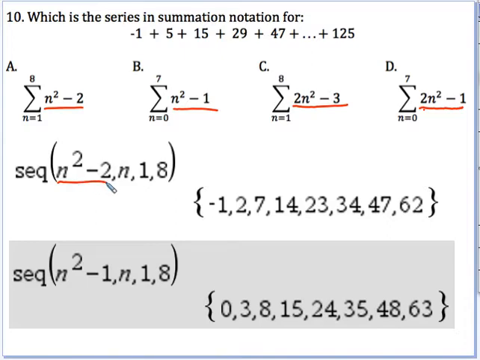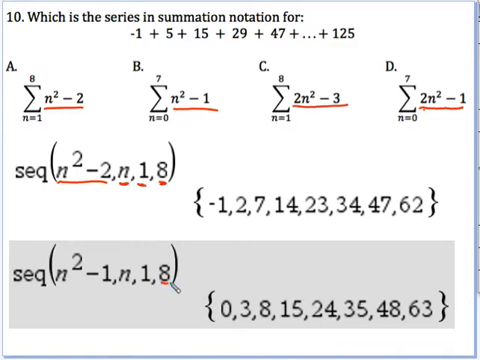Remember how to use your sequence function in your calculator. You can either type in SEQ parentheses or pull up the sequence option in your catalog. So we have SEQ, open parentheses, my equation, comma, the n value, which tells the calculator what your variable is, then your starting point and your end point.